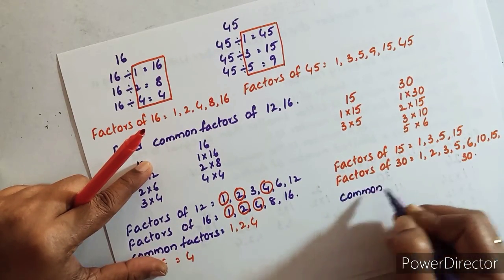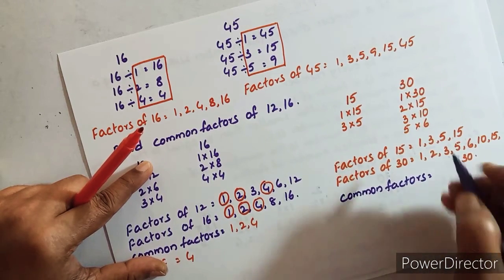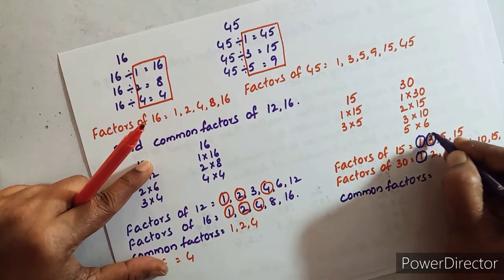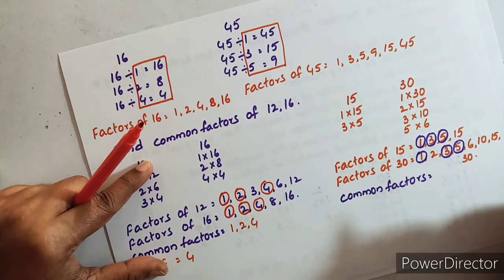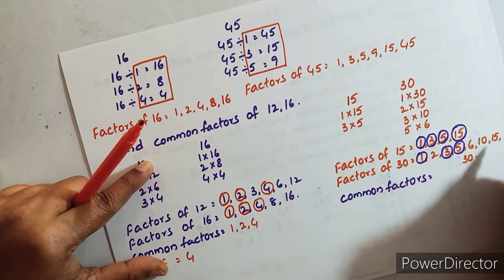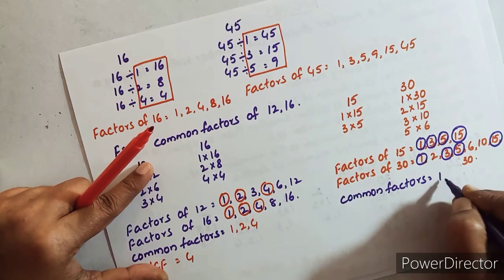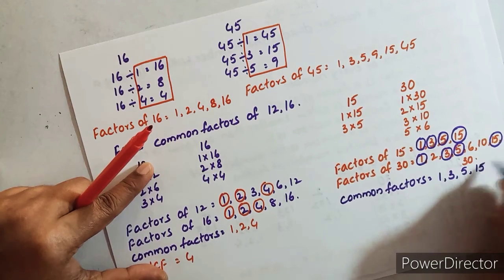What are common factors here? Yes, you got to know how to find the common factors. 1, 1, 3, 3, 5, 5, 15 and 15. You got almost all the common factors: 1, 3, 5 and 15.